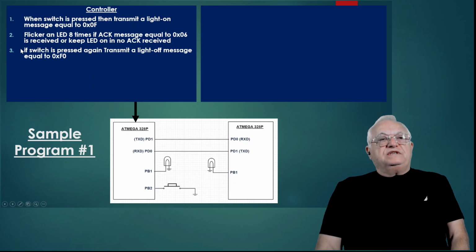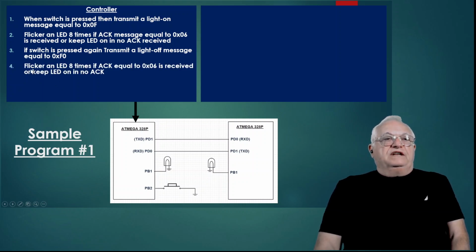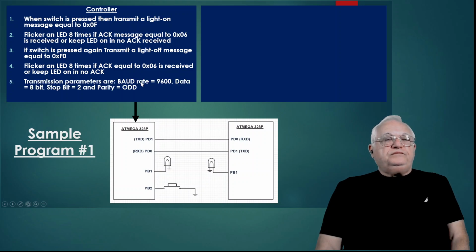If the switch is pressed again, transmit the light off message, which is equal to F0. Flicker the LED 8 times if acknowledge equal to 06 is received, or keep the LED on if no acknowledgement. So basically, every time you push this button, you turn the LED on this other microcontroller on or off.